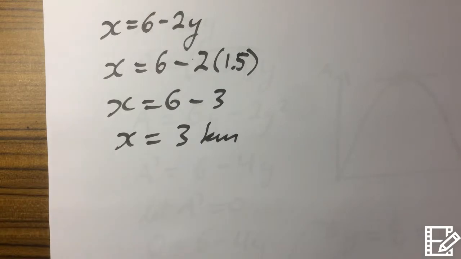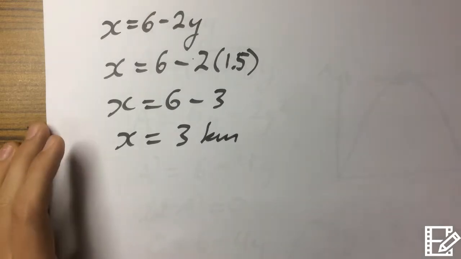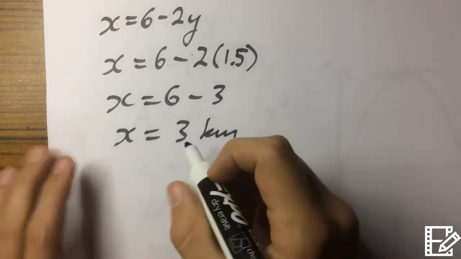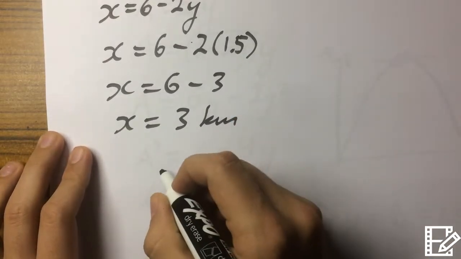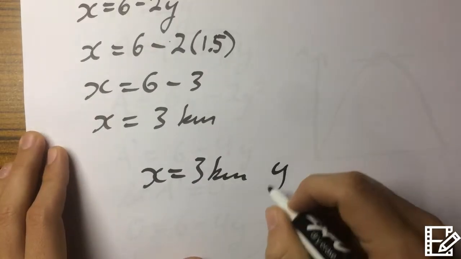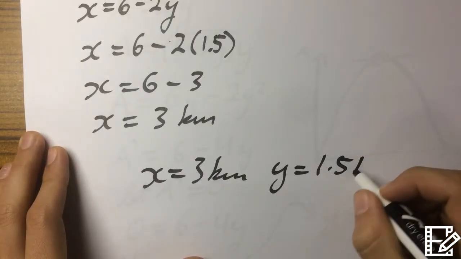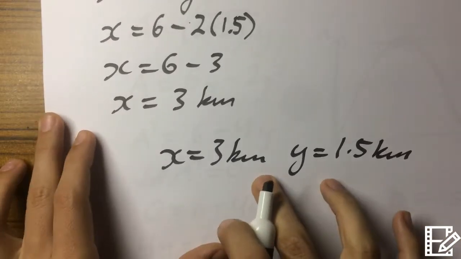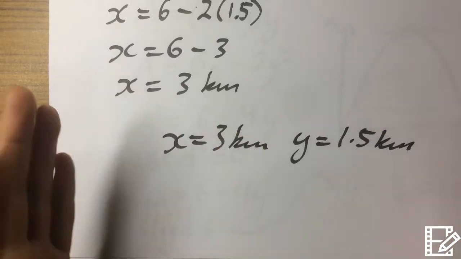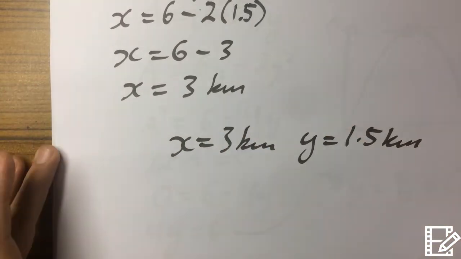So that means that x is equal to 3 kilometers and y is equal to 1.5 kilometers. And when x is equal to that and y is equal to that, the area is at its largest.